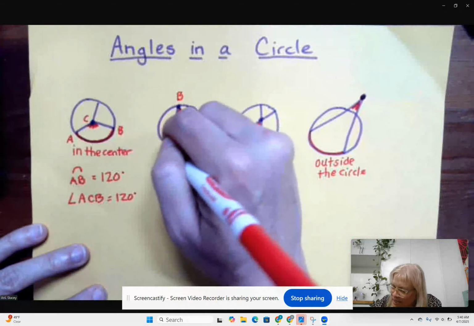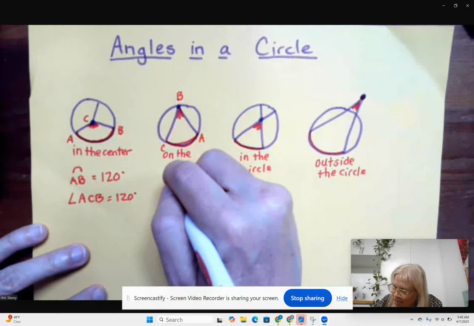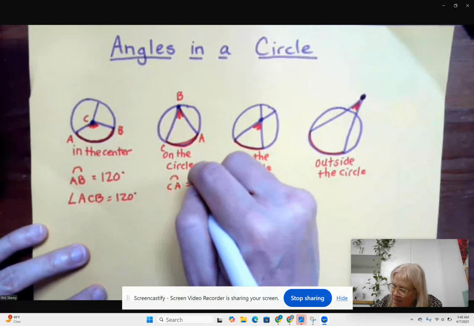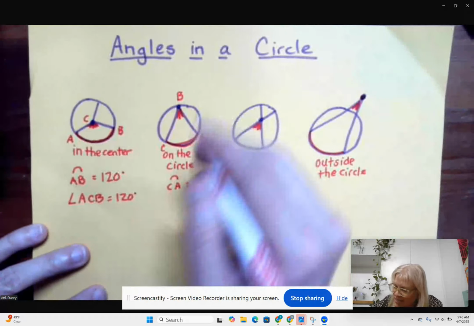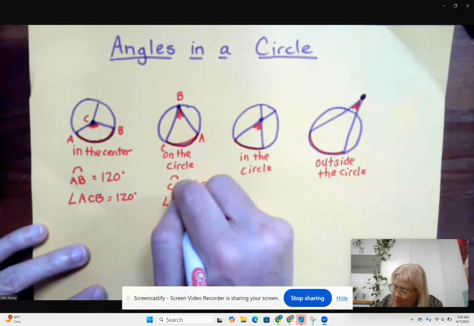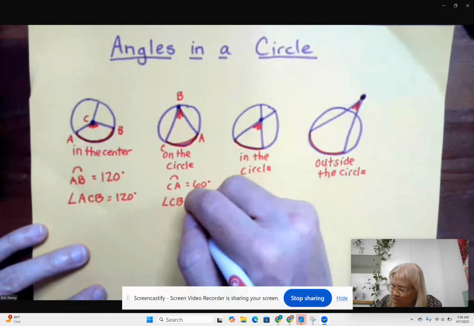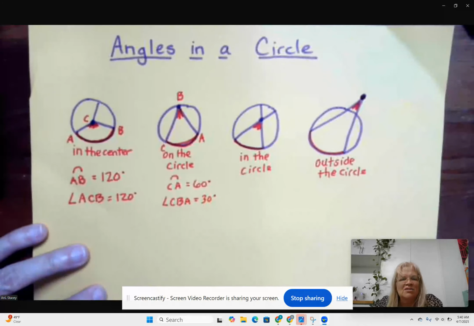For inscribed angles, we know that if arc CA was, let's say, 60 degrees, from the arc back to the angle, it's getting smaller. So we would know that it has a 2-to-1 relationship. So angle CBA would be equal to 30 degrees. So those were in our level 2. We have already learned those.